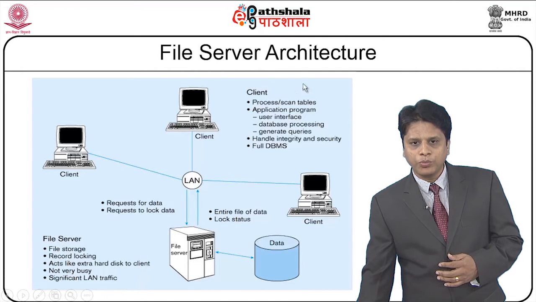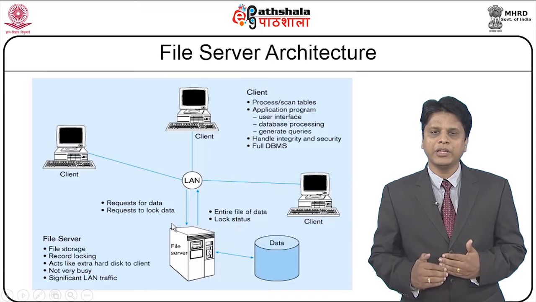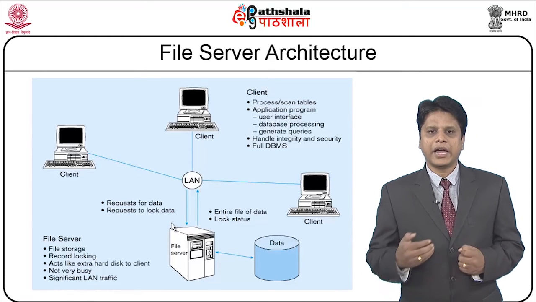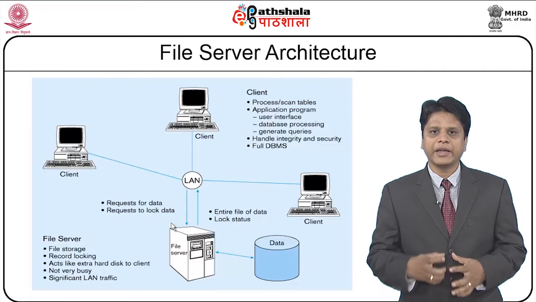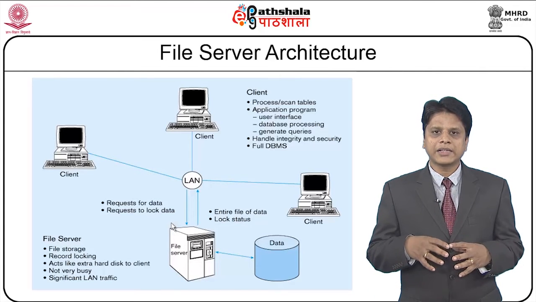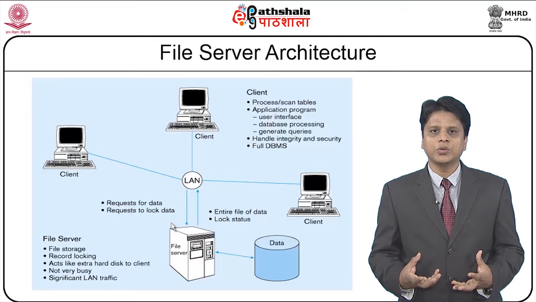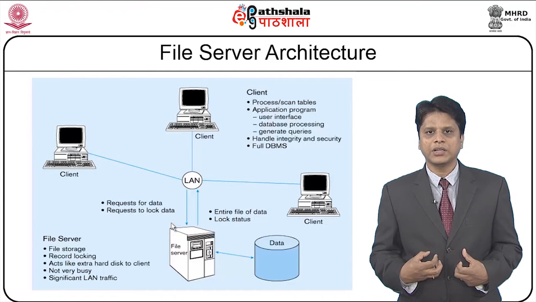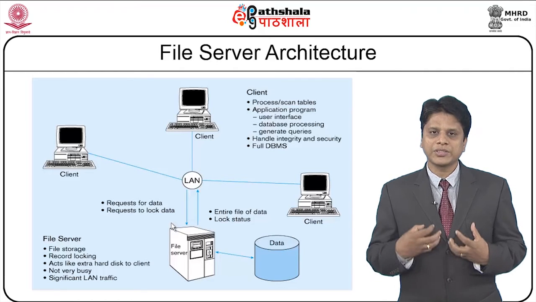So when you look at the entire architecture, although many machines are connected to the server, the responsibility of the server is that for any request I get from different client machines, I push all the data from my end to the client's end. It is the responsibility of the client to take all the data available in the server and process whatever is required.